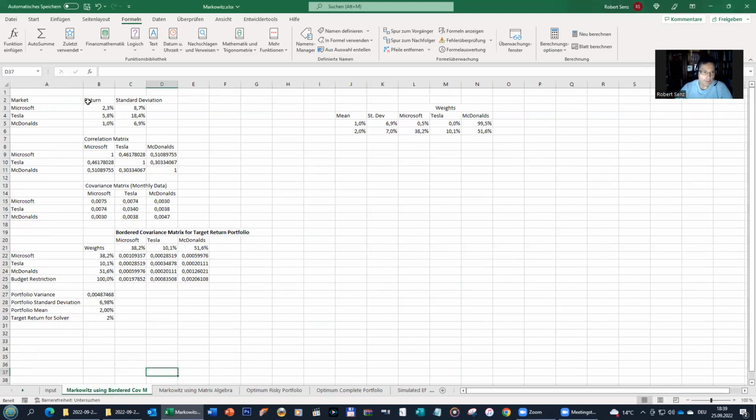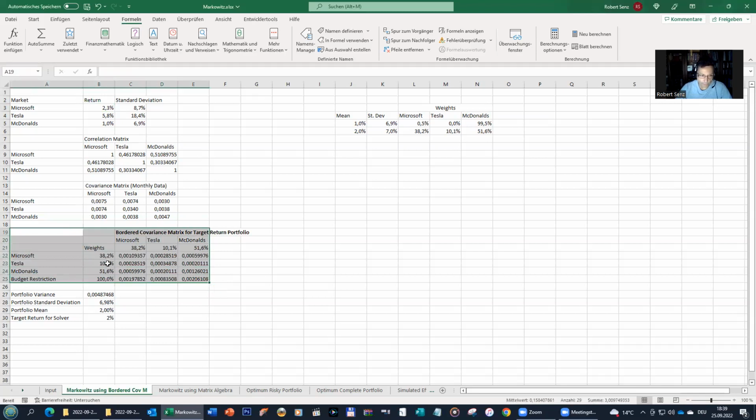In this spreadsheet, I simply use now inputs from the input sheet. This is stored here in this section: the return and the standard deviations on a monthly basis. Then we need the covariance matrix, again on a monthly basis. And this is exactly what we've done in the classroom, what I showed you.